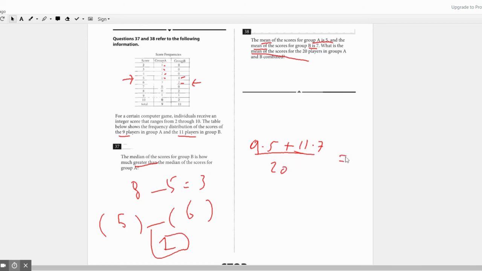And so, once again, we just calculated the mean for the 20 players. So 20 goes on bottom, normal mean, and we need to find the total scores. This is the scores from A, this is the scores from B, and we just add them up, because that's the total. And if you calculate that, that's going to be 6.1, and that is your answer. So that's just finding the mean like normal, just a weird way to find the top sum. And that is it for this test.